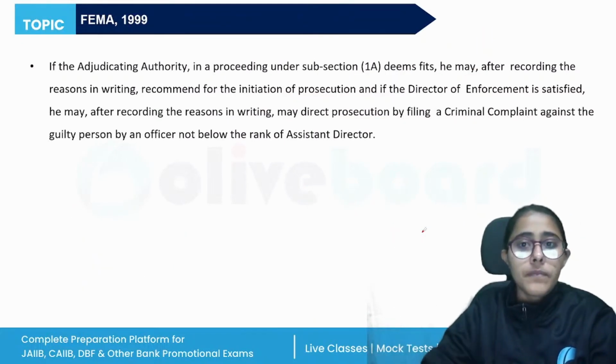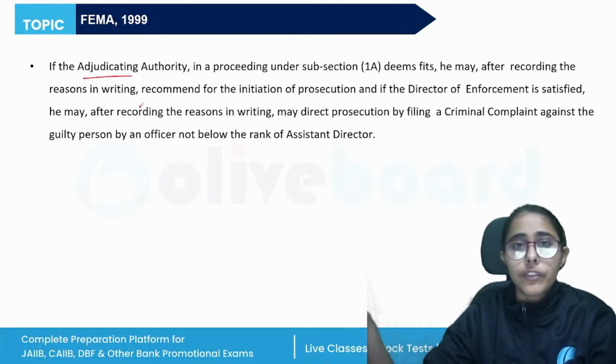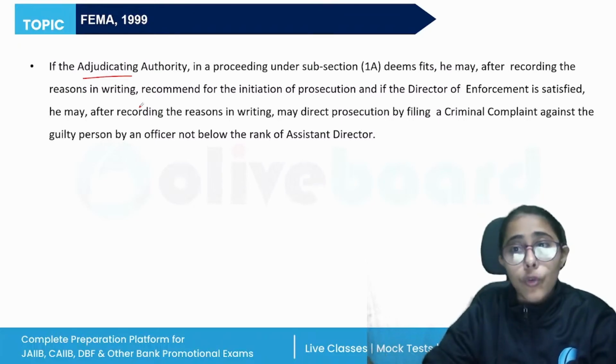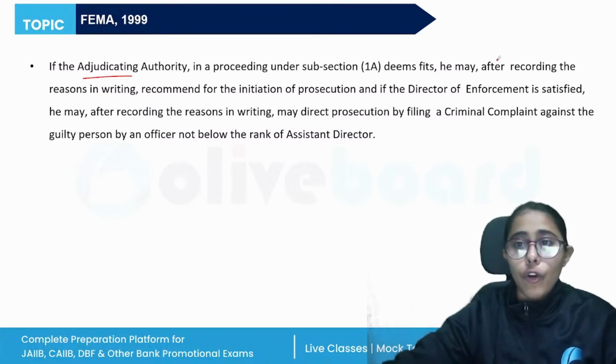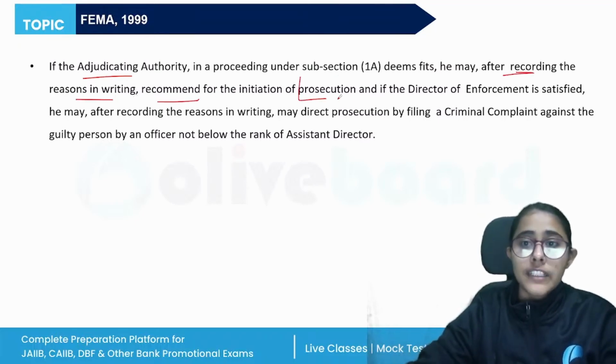Then when we talk about the cognizance of the cases, when will the court accept the cases? It will be done only when the adjudicating authority records the reasons in writing. They may recommend the initiation of prosecution.